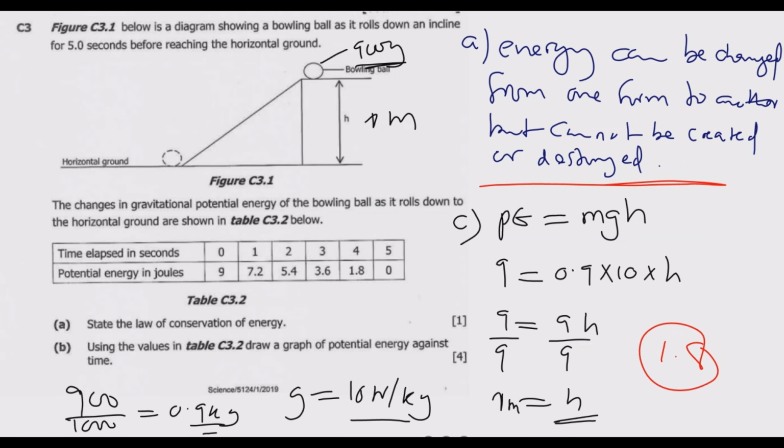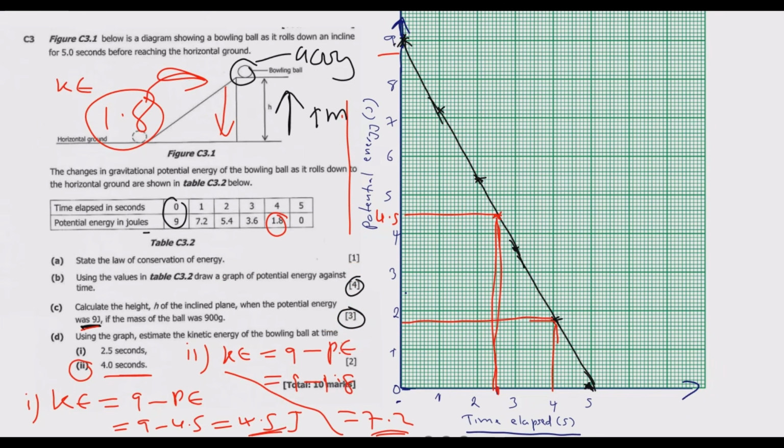So once potential energy becomes 1.8, then kinetic energy has now become 7.2, because the other 7.2 to give us 9 has been changed to kinetic energy from potential energy. So that's the principle we are using here. So basically, this is how you answer these questions to get the 10 marks.